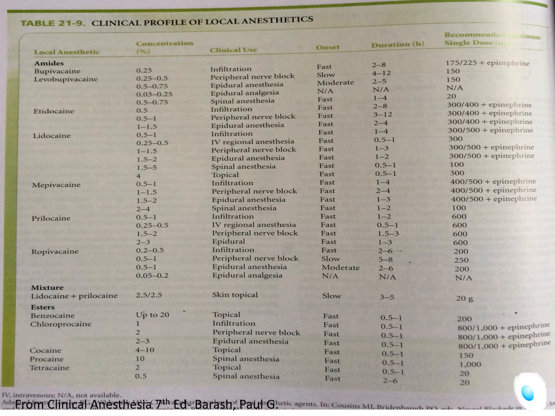And then the duration, and that's a little bit more accurate of what we see and how we utilize the different local anesthetics. For example, doing a surgical block, lidocaine versus bupivacaine. And then the last column to the far right just represents the maximum single dose for each local anesthetic. Now later on in the lecture, I'll put up some more graphs and charts and pictures that do a better summarization of this.